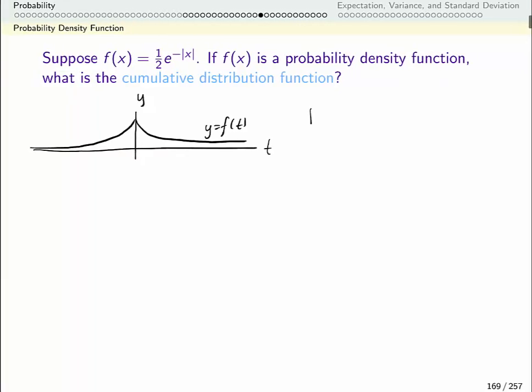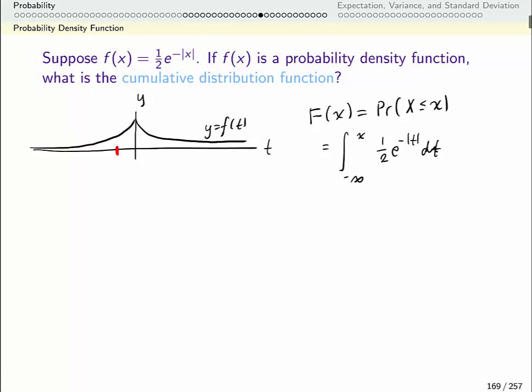If I want to know the cumulative distribution function at some value x, remember that's the probability that our variable ends up being less than or equal to x, this is going to be the area for everything to the left of x of my probability density function. Now, because we have that absolute value in there, this is going to behave differently based on whether x is positive or negative.